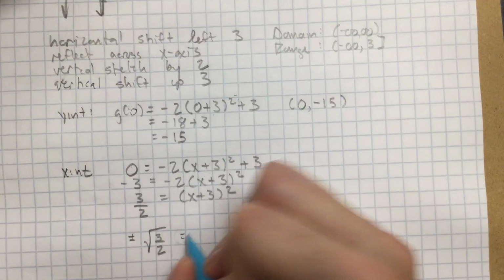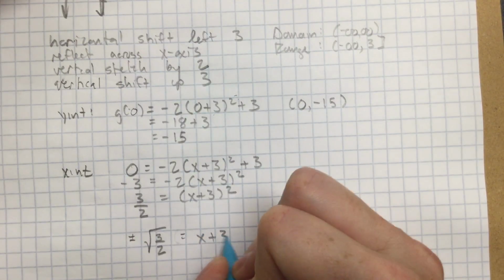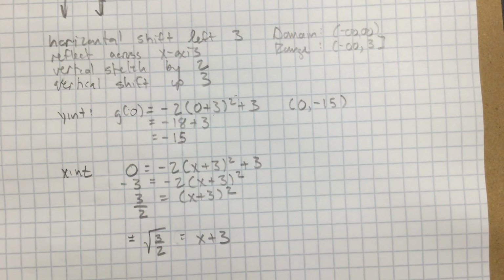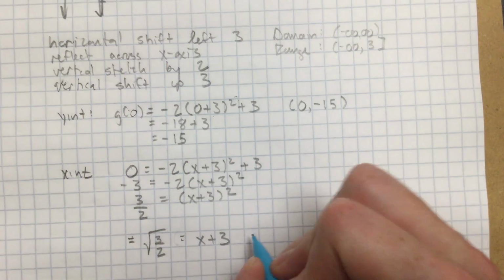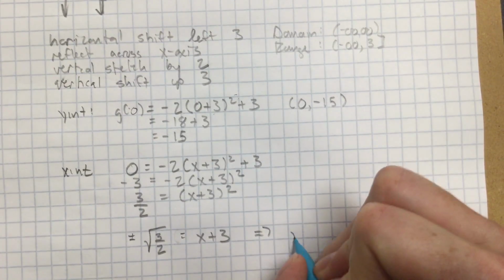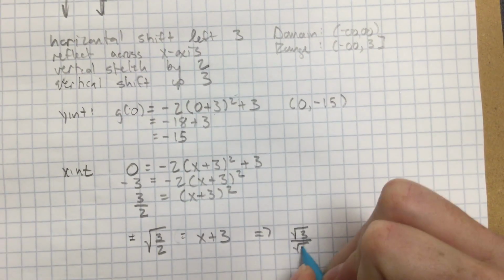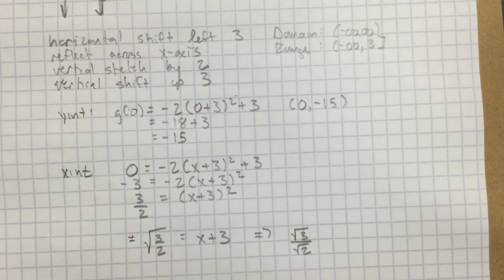I don't like how I wrote that. Equals x plus 3. I don't want a square root on the bottom, so you have to rationalize it. Okay? So this is the same thing as root 3 over root 2.